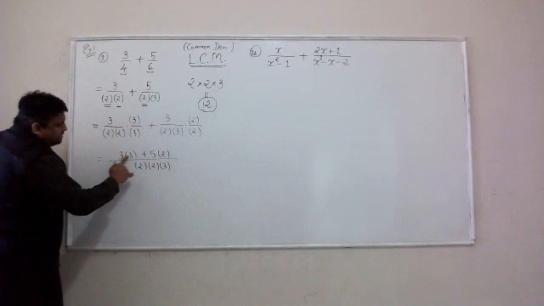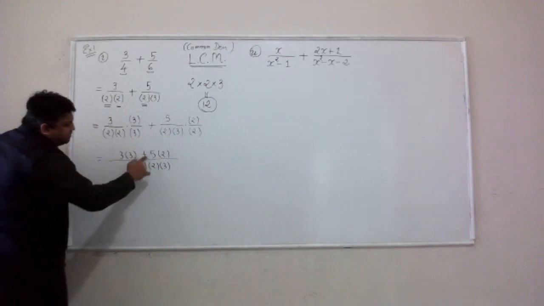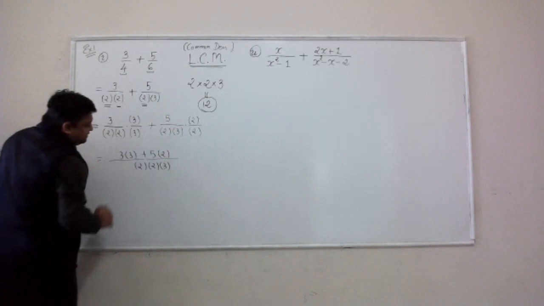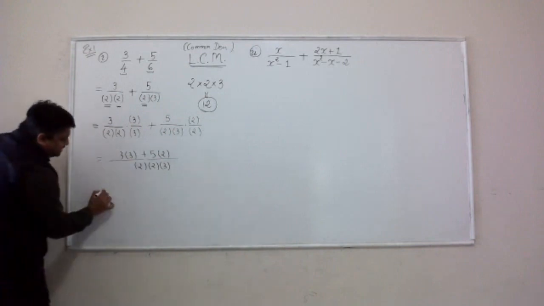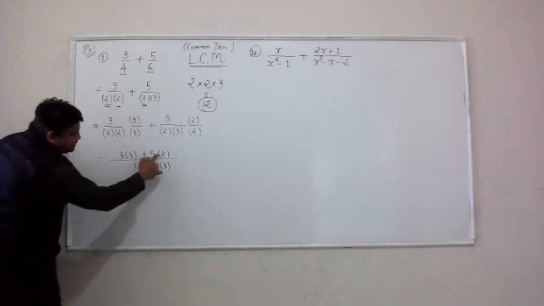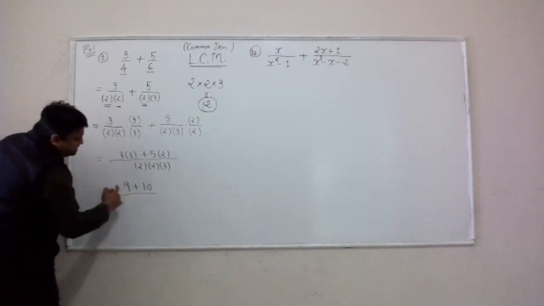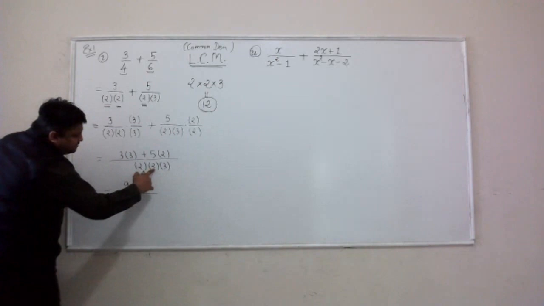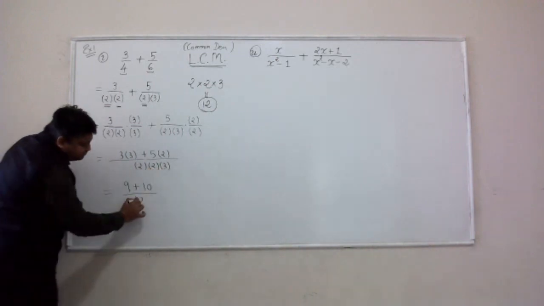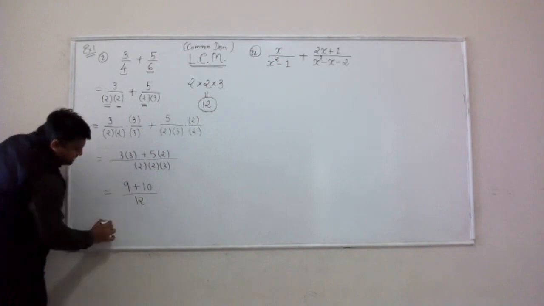Well, I would like to simplify. I would like to apply this operation on the expression in the top, but in order to perform that operation, I must multiply these entries. Well, we already know how to multiply numbers, right? 3 times 3 is 9, 5 times 2 is 10, and then this is divided by, now that we only have one denominator, feel free to multiply them, write it as 12, and then we really perform this operation.